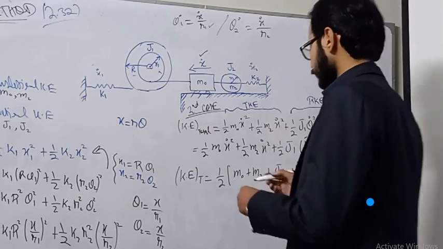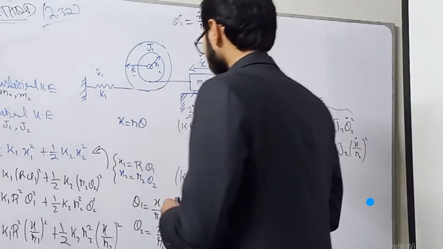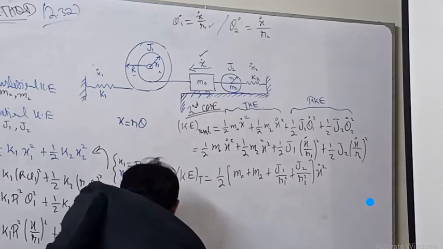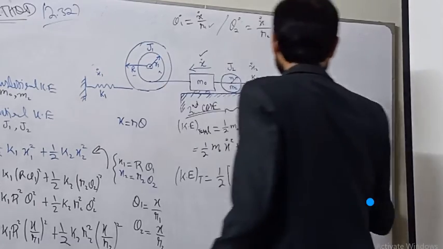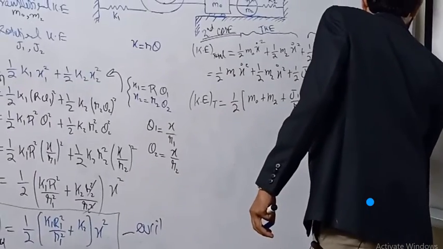So this is your total kinetic energy. Consider this as equation 1, and this as equation number 2.